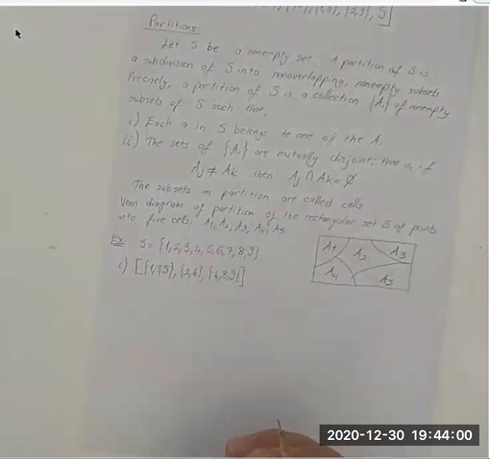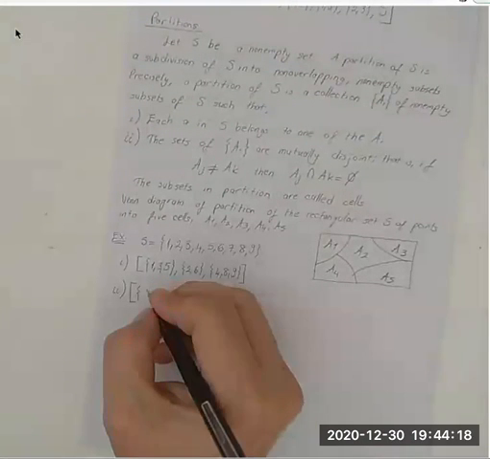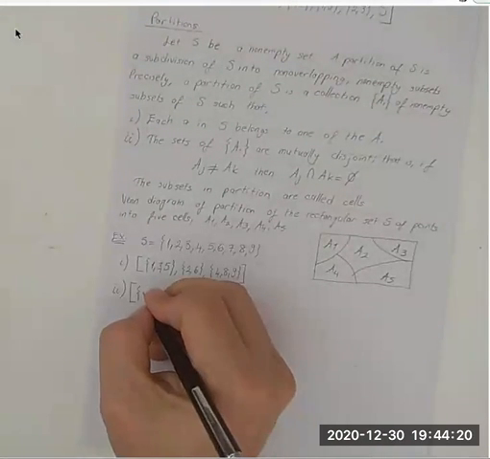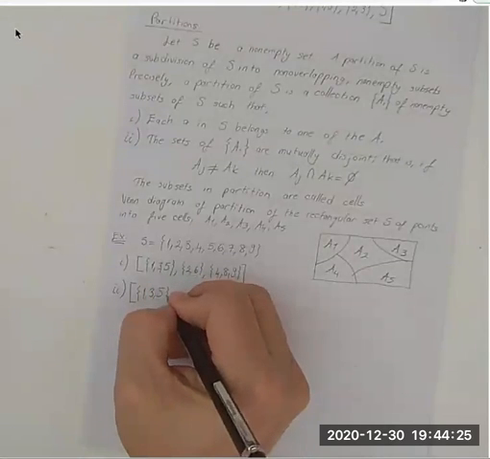And the third one, again we have some subset class here: {1, 3, 5}, {2, 4, 6, 8}, {7, 9}.